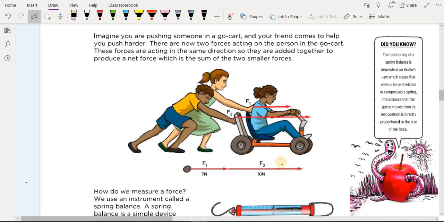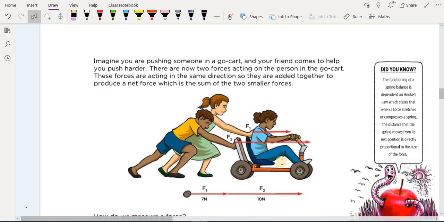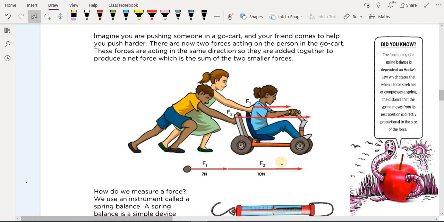We get on to page 13. So if you imagine you are pushing someone in a go-kart, your friend comes along to help. That means the two of you, your two forces together, will provide a bigger force. So those two forces will be acting in the same direction. Okay, I'll just highlight that.